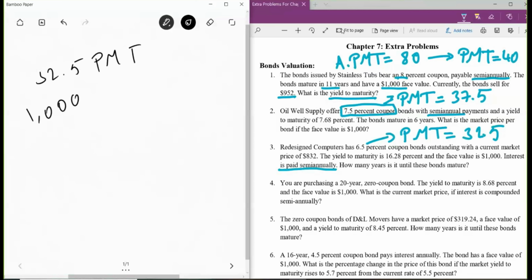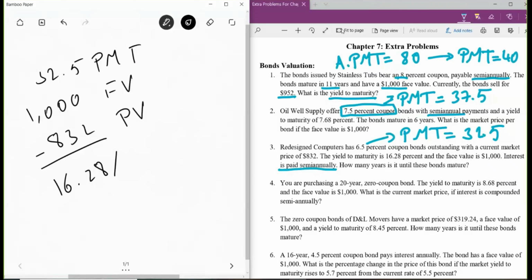1000, this is FV. The price, minus 832, this is PV. The yield to maturity is 16.28. However, the 16.28, this is an annual rate. I need to divide it by 2 to find the semi-annual rate, IY. Then I can find the number of years till maturity.